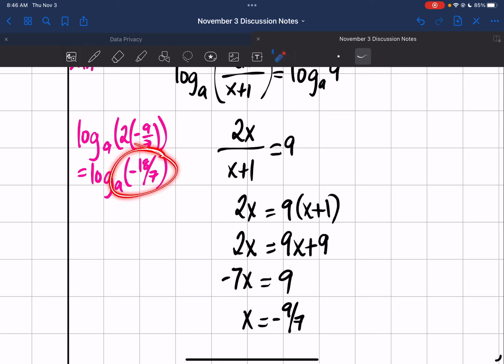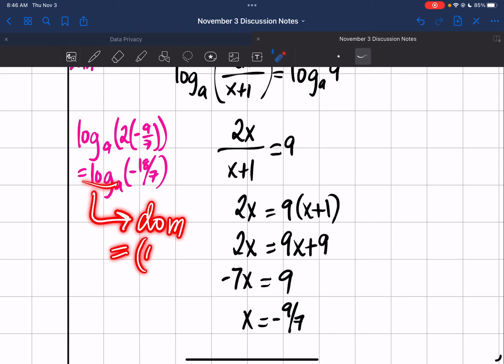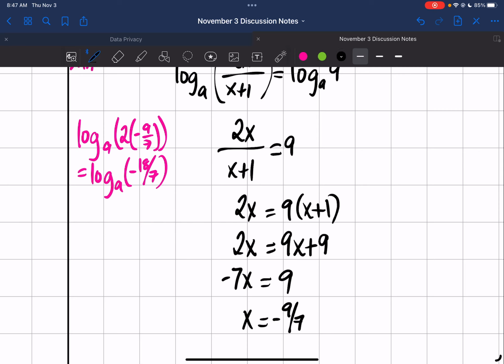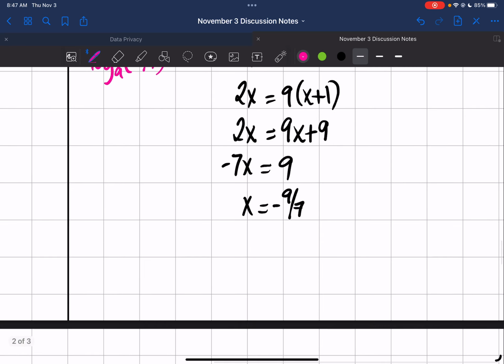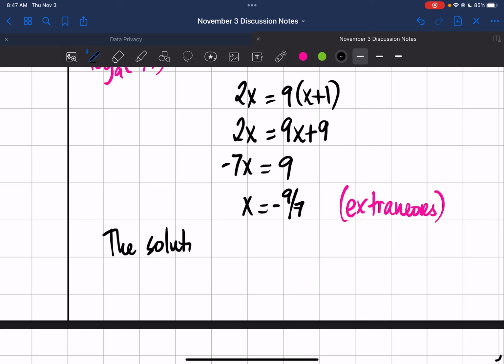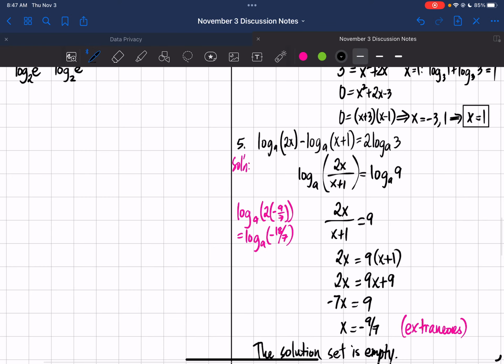And this one, class, is negative. And the domain of our log equals 0 to positive infinity. So our conclusion here, class, is that this one is extraneous. And so the solution set is empty. So I hope this example is clear.